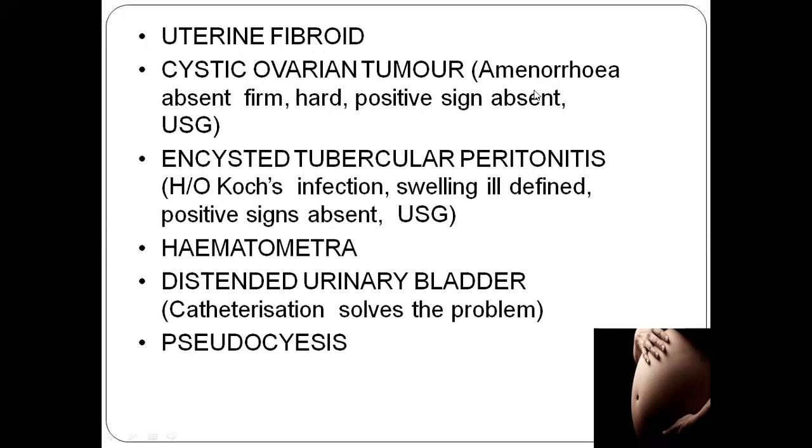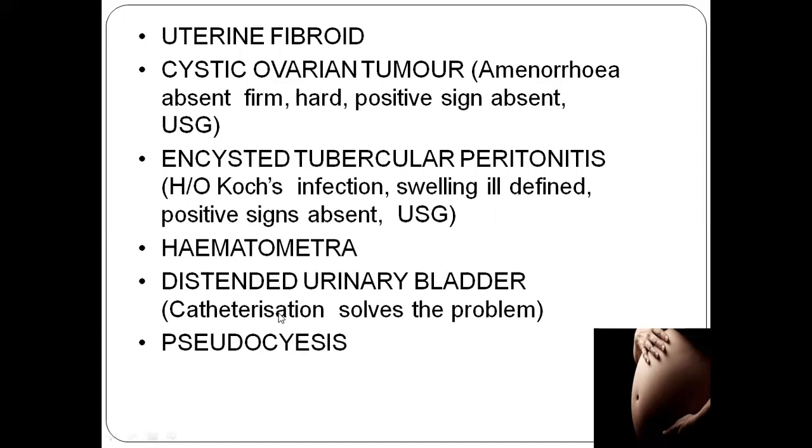Cystic ovarian tumor: the mother may feel amenorrhea. Amenorrhea will be present, and a firm, hard mass may be present. Then hematometra. Hematometra means it is the collection of blood inside the uterus. And even a distended urinary bladder can be misinterpreted.